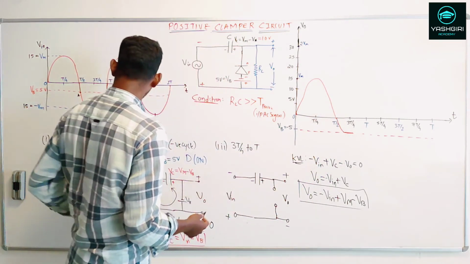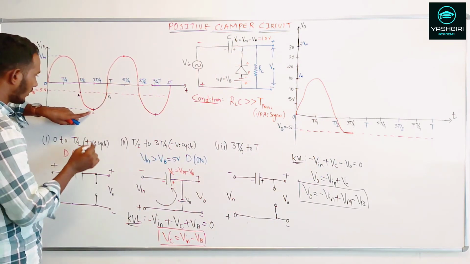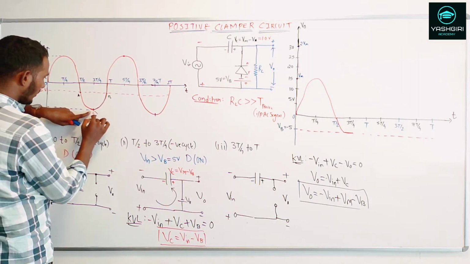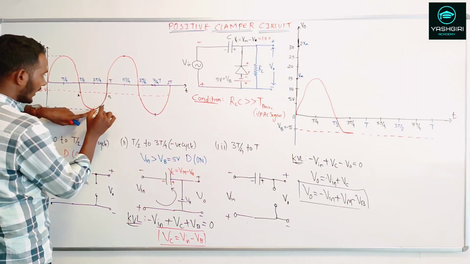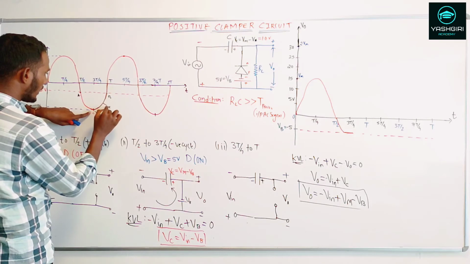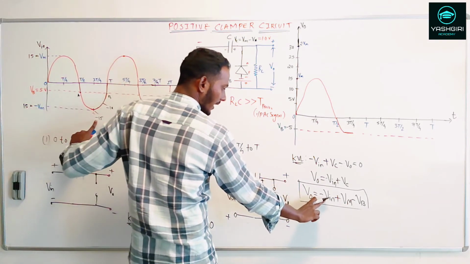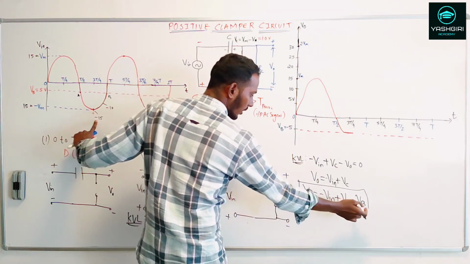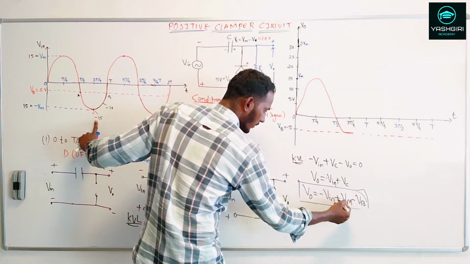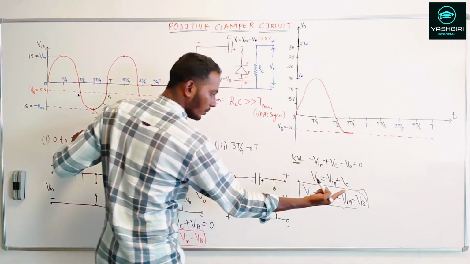Now using this equation, if you try to plot this at the output side, what you will get is that here this is my minus 15, right? So at this point it is my minus 15. So let me consider somewhere here it will be a minus 10 volt. Now this is minus 15, and what I know is the overall voltage of the capacitor is 10 volts.